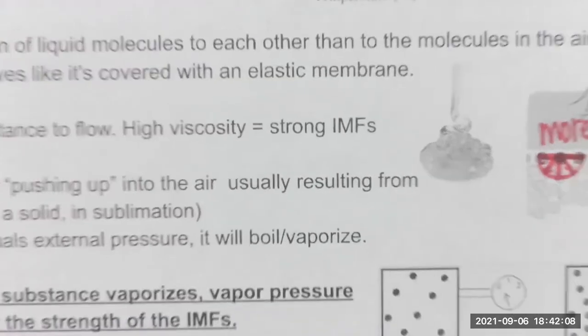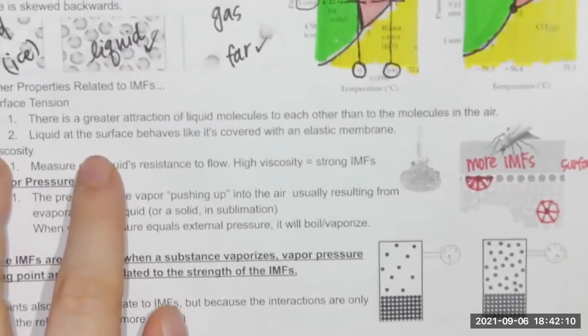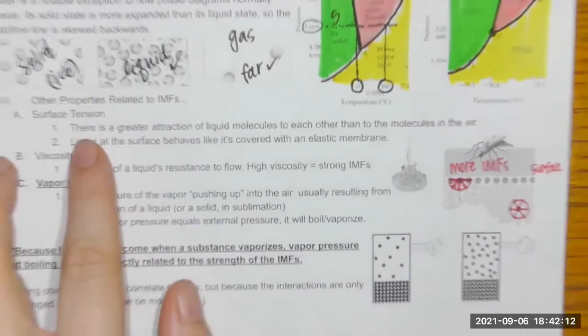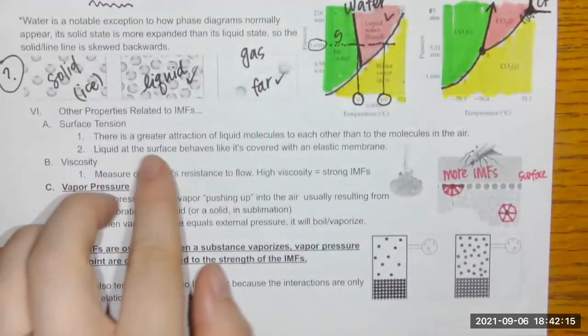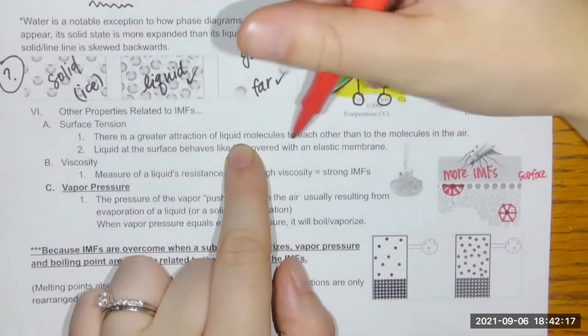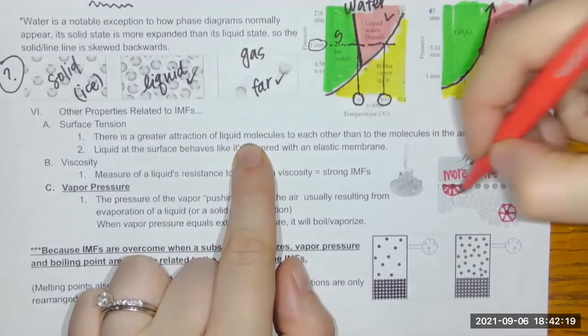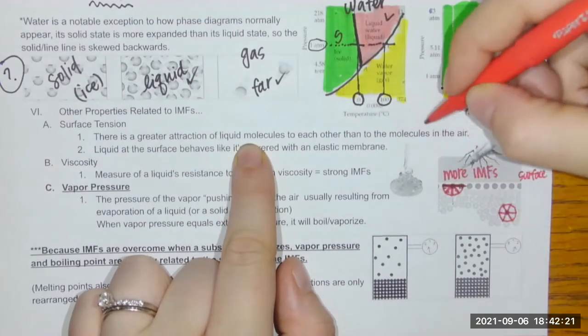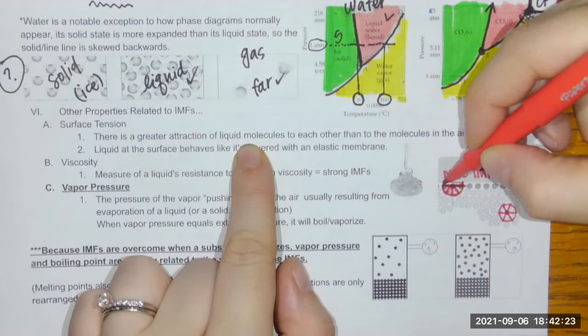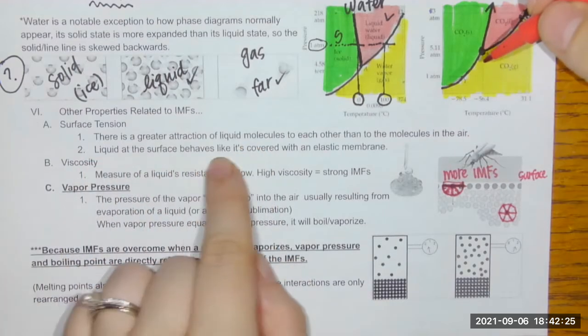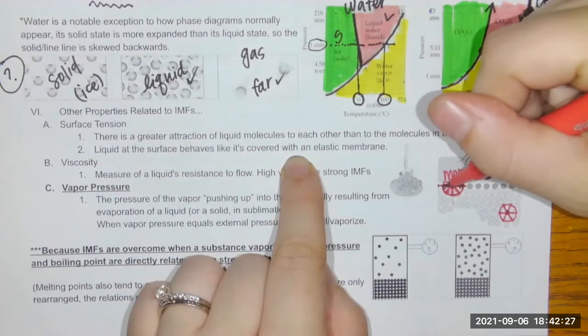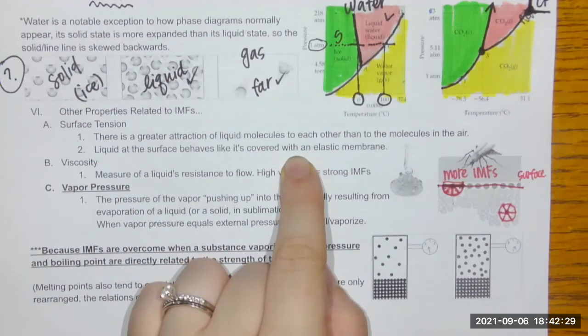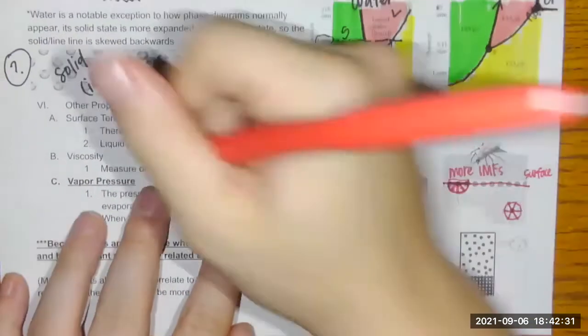So surface tension, there is a greater attraction of liquid molecules to each other than the molecules in the air. Liquid at the surface behaves like it's covered with an elastic membrane. So that's a cool thing.